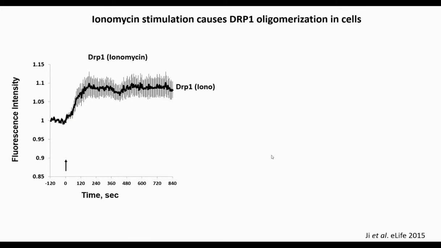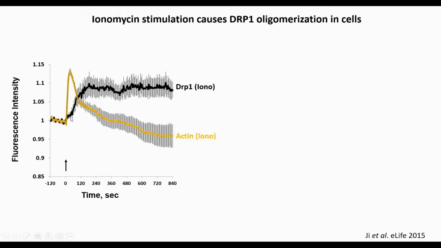The other thing that we noticed before I joined the lab is that when we treat the cells with ionomycin, on the other hand, we raise intracellular calcium and activate INF2, and we see Drp1 oligomerize on mitochondria. And if you label this with the actin filament curve, what you will see is the actin filament curve precedes the Drp1 oligomerization.